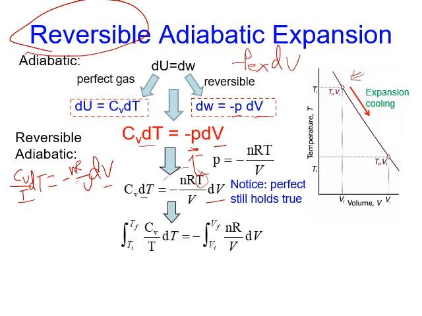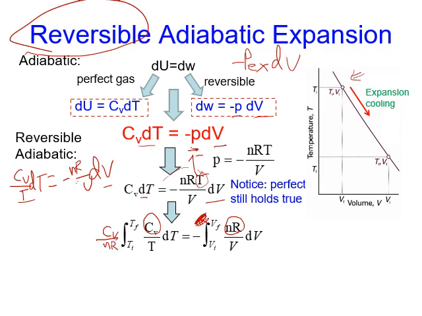Okay, Cv over T dT on the left side, on the right side nR over V dV. Note that Cv is a constant, nR is a constant, so we can move them out of the integration. So this becomes Cv, this becomes nR. And if we divide by nR on both sides, this cancels and this comes here.